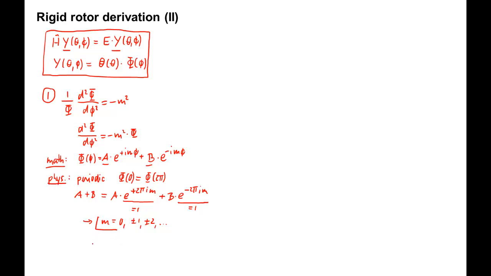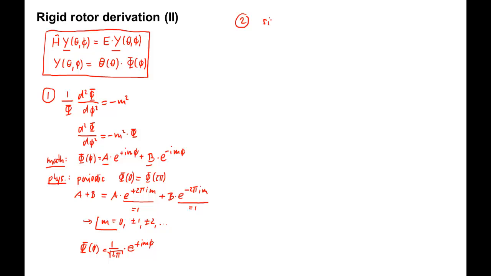The wave function for a given m is Φ(φ) equals 1 over the square root of 2π times e^(+imφ), where the prefactor takes care of normalization. Let's move on to the second equation, the equation in θ.